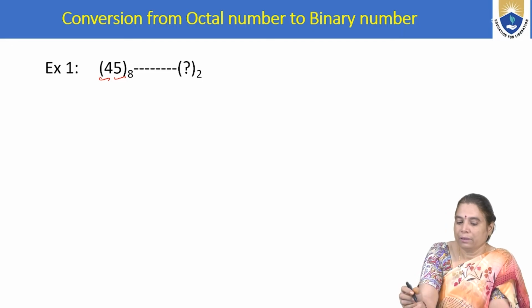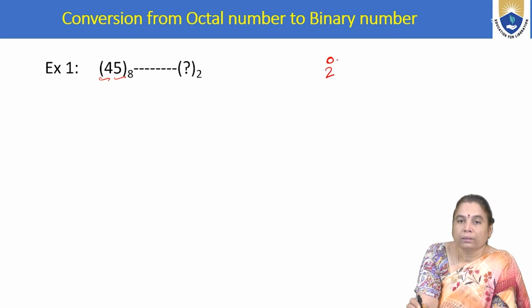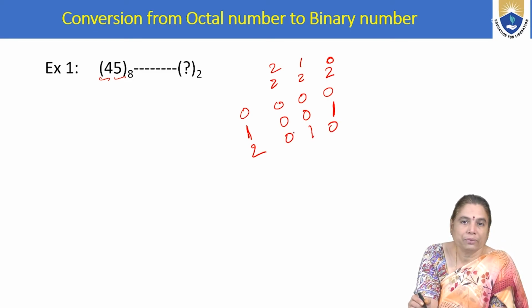Generally in the binary system, the positional values are 2 power 0, 2 power 1, 2 power 2. To represent 0, all these positions are zeros. To represent 1, this is the 1 and the rest are zeros. And to represent 2, this is the 1, and all the others are zeros.